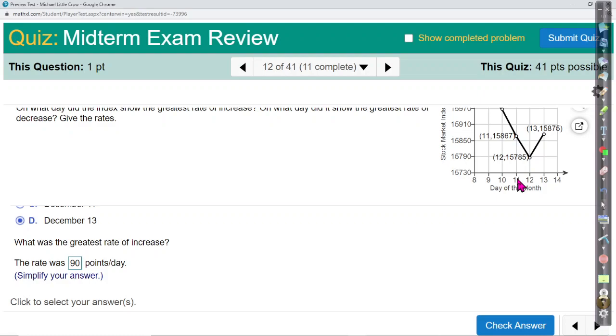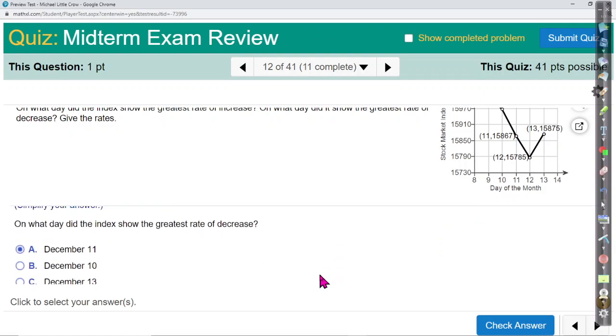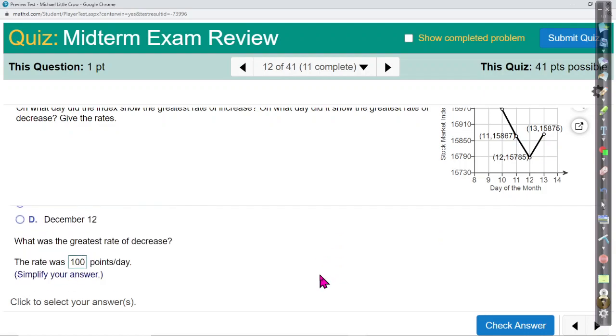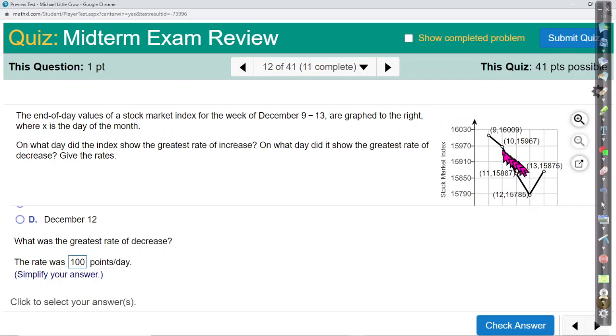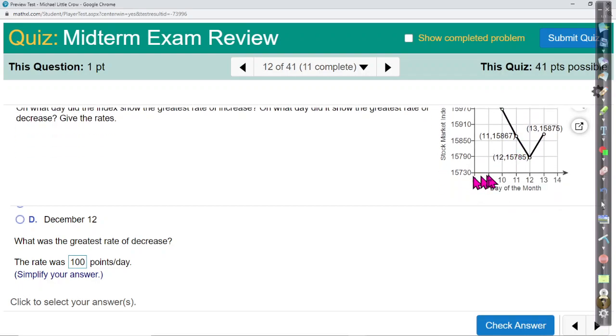Day 11. So on day 11, it started up here and it lost down to there. Day 13, we got the greatest increase. One of these is wrong, and I'm not sure which.